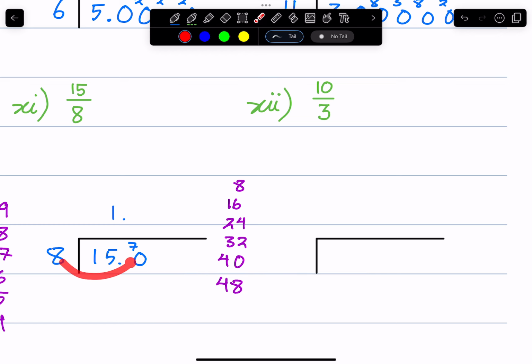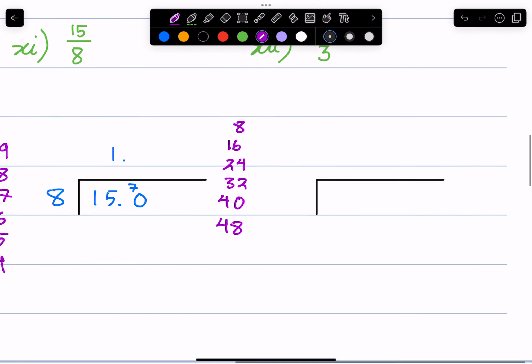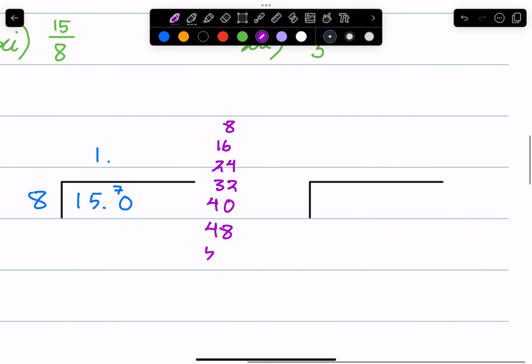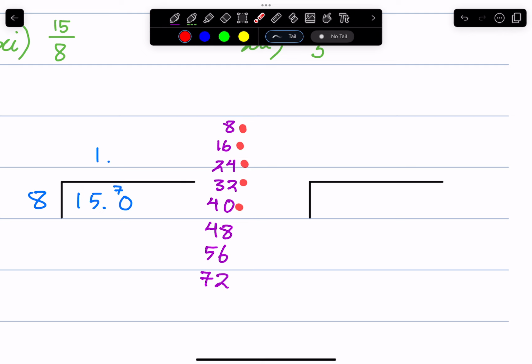Oh, so 8 into 70. So we need to get closer than 48. So that's 48. The next one's going to be 56. That's 7 times 8. 7 times 9 is 72. Let's double check. 8, 16, 24, 32, 40, 48, 56. Oh, 64.